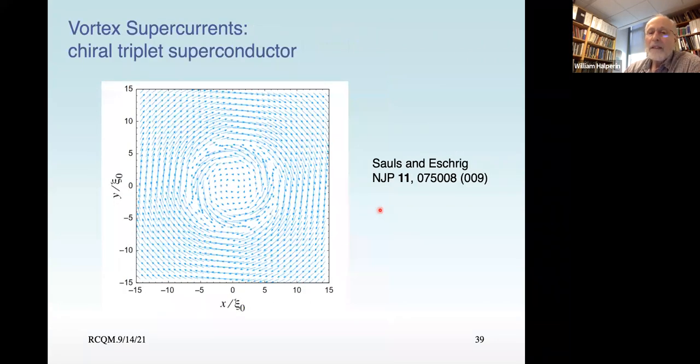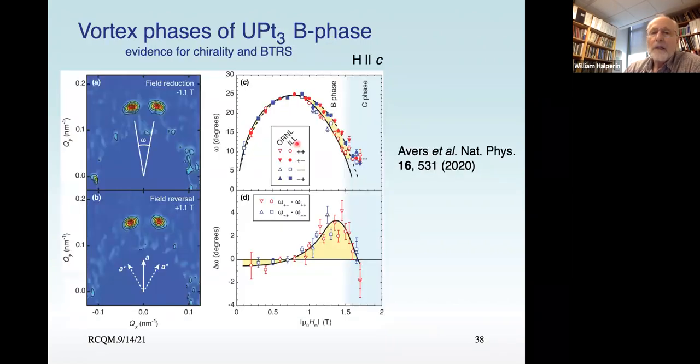Now, let's keep in mind the order of events here. I mean, the size scales. Okay, let's go back if you wish. So I'm at a fairly large magnetic field, and you know what's happening when you increase the magnetic field in the mixed state of a superconductor.